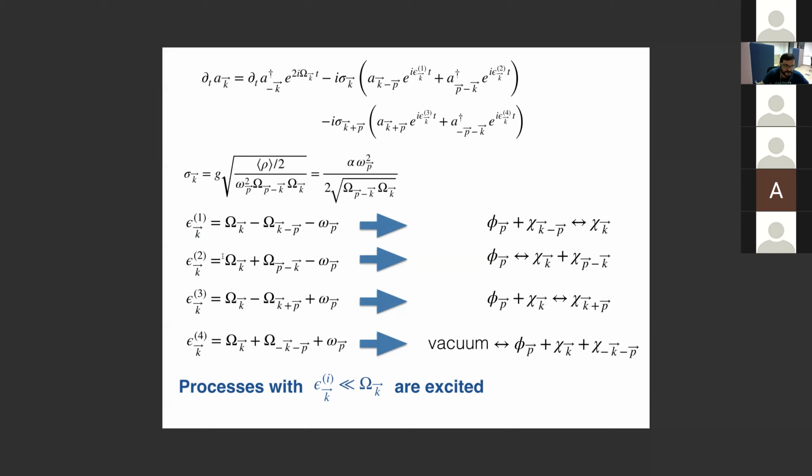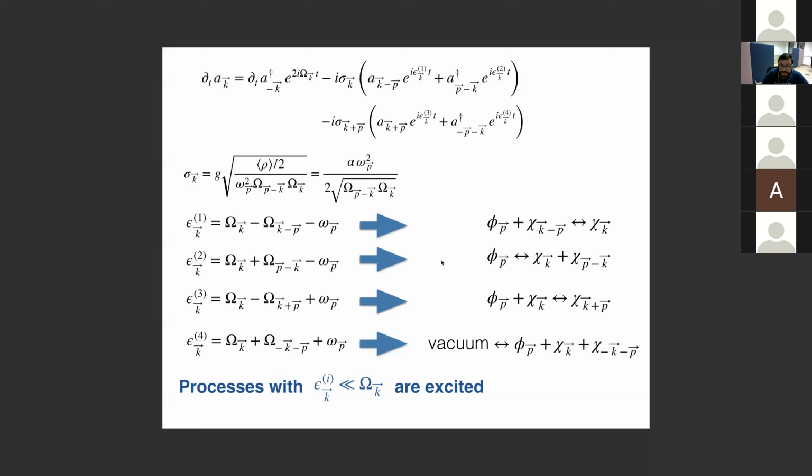For instance, this epsilon2 is like what I defined before. If we have the field decay into two particles, and epsilon2 is 0, we have energy conservation. But here, of course, we have a dense field, and the produced particles interact with the field, so it cannot be interpreted strictly as energy conservation, but if it is small, we are in resonance.